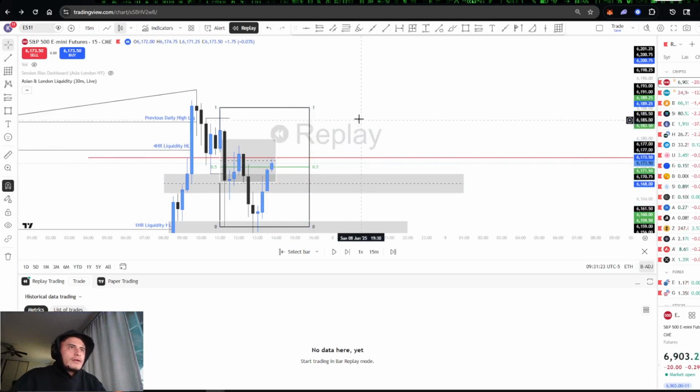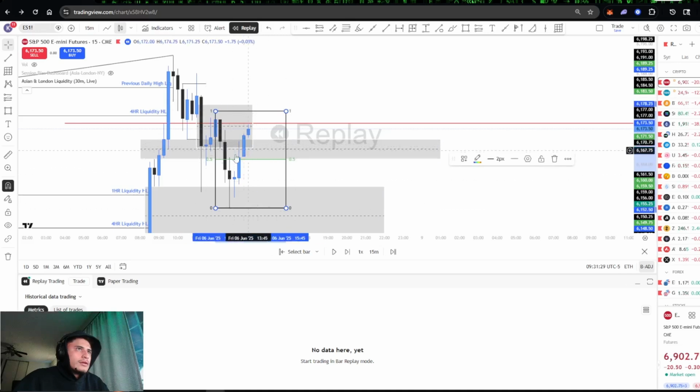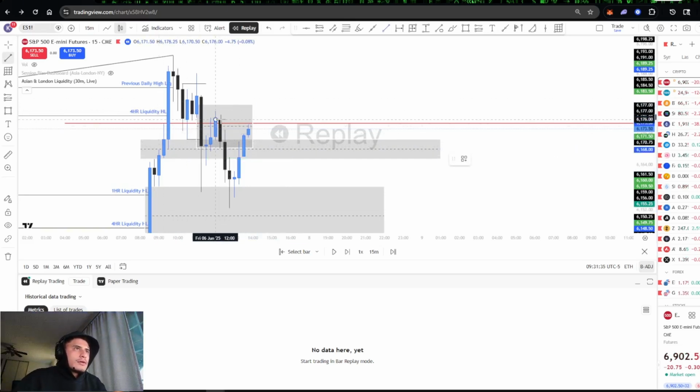Before we would have entered, not gonna lie, we would have had to see if we could have at least found another break of structure area. Break of structure area here. Or would it not fill up like this area right there? There we go, break of structure area there.